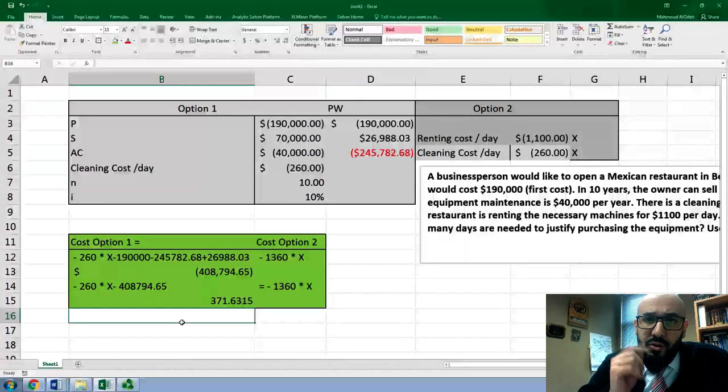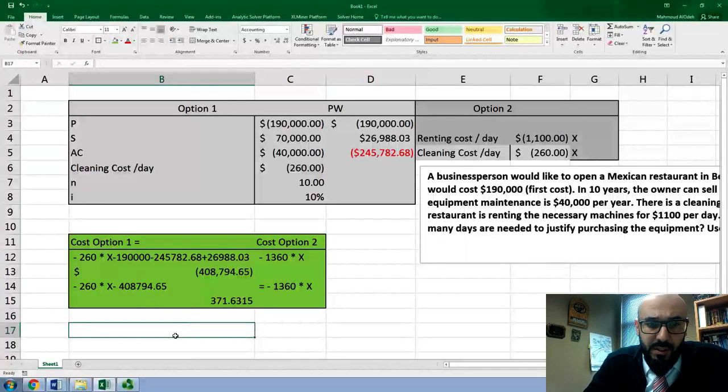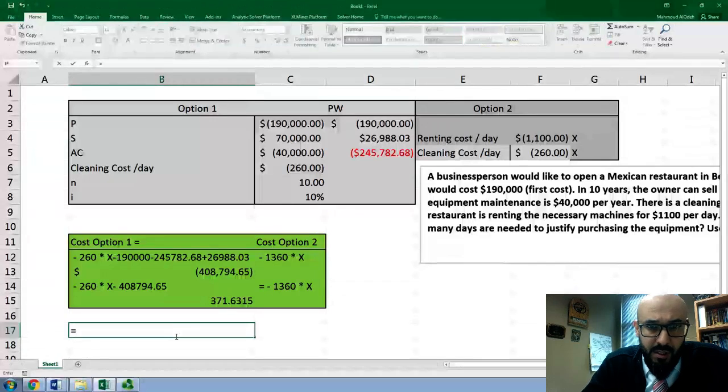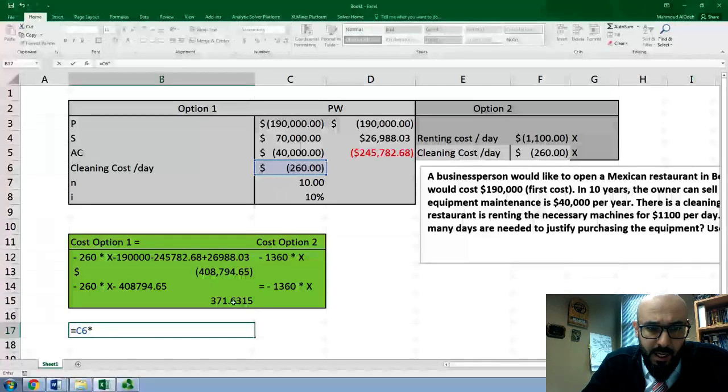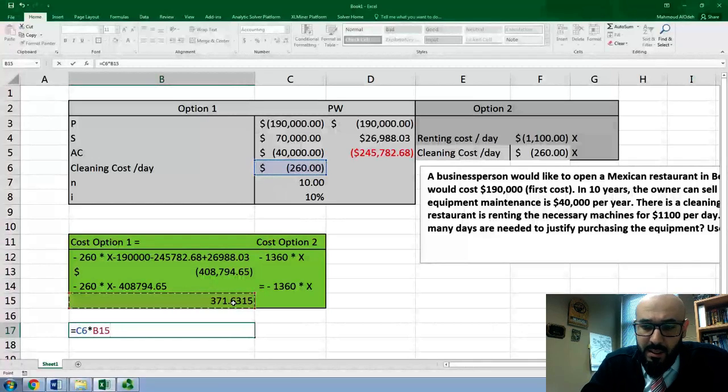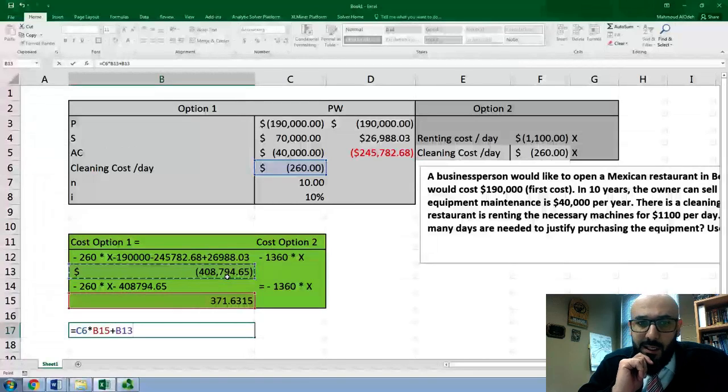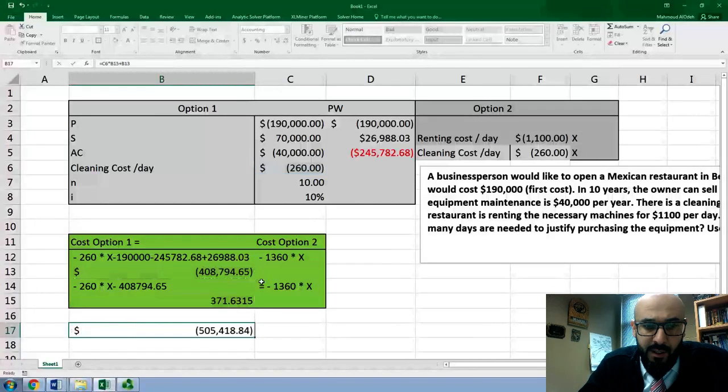In order to check your answer, you put this into your equation. So minus 260 times 371 plus the fixed cost that we calculated on this cell, and find the result.